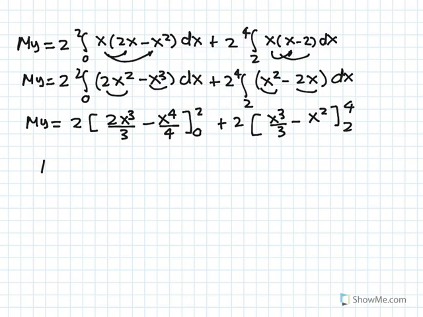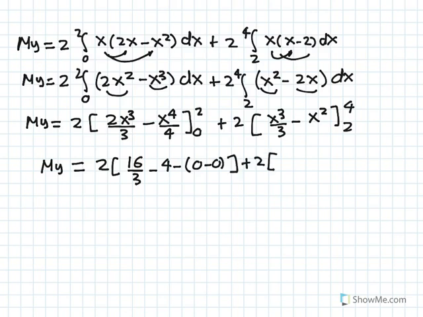Now let's apply FDC. My moment with respect to the y-axis is 2 times. Put the upper limit in, we get 2 cubed is 8 times 2, that's 16 divided by 3, minus 2 to the 4th is 16 over 4 is 4. Put the lower limit in, we get 0 minus 0. Plus 2 times, put the upper limit in, we get 4 cubed, that's 64, divided by 3, minus 4 squared is 16. Now put the lower limit in, we get 8 over 3, minus 4.